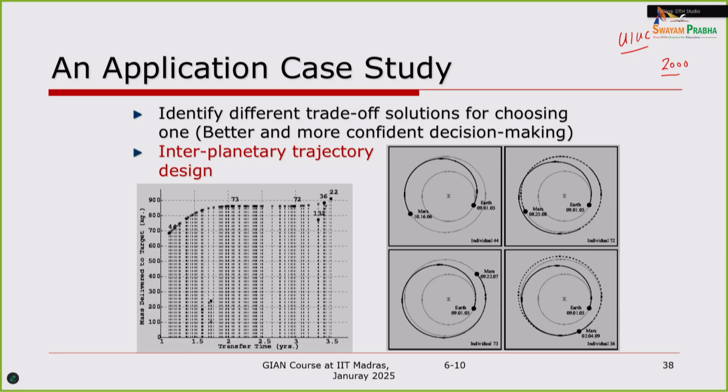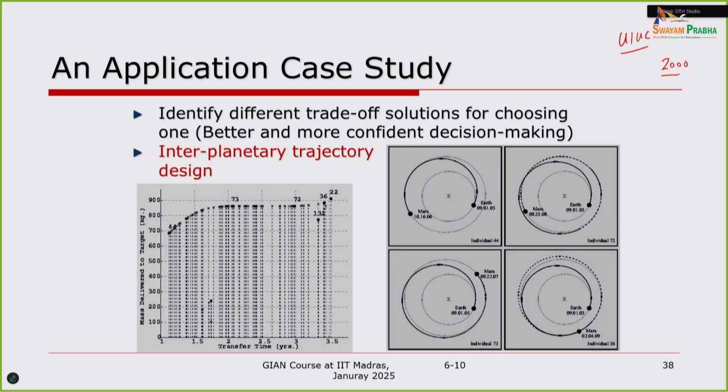So they are sending a spacecraft from Earth to Mars. They did it on Earth to Jupiter and various other things in the paper, so I took just one example. They were looking for a window of when to launch. There are two objectives they had. One is how much time it will take to deliver the mass at Mars. The second objective was how much mass can I deliver.